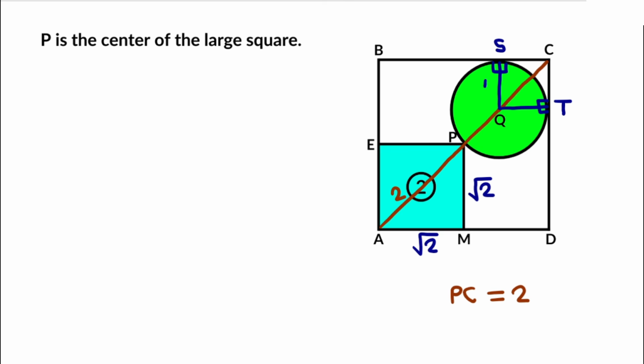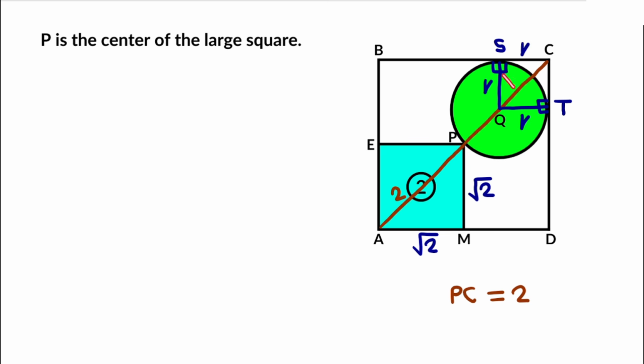Let's call the radius lowercase r. Since QT equals r, the horizontal distance from C to S is also r, so CS equals r.